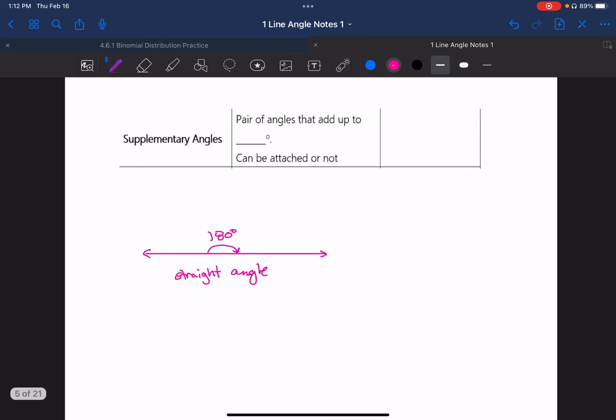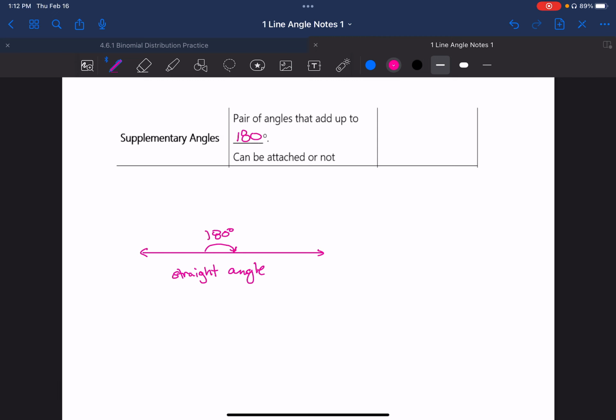So a supplementary angle is two angles that add up to 180 degrees. So we can get that both, notice, attached or not attached. We can have our straight line, and we can have theta and phi. Theta plus phi equals 180. And that's just as true if we have two angles like this, where they are not attached.